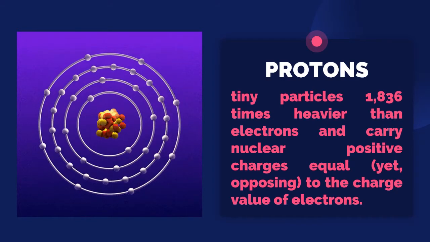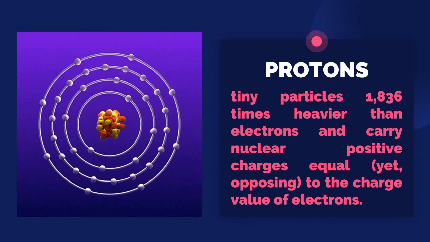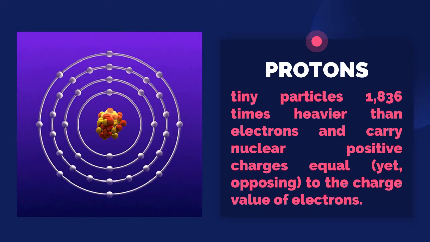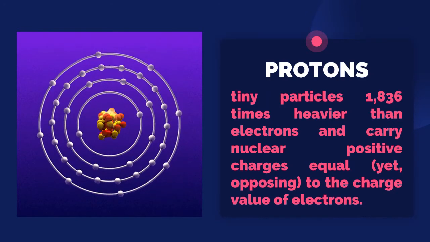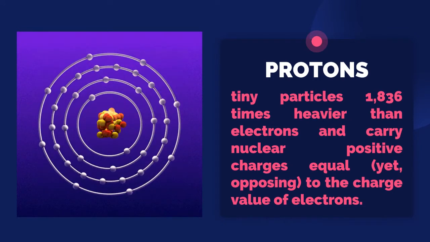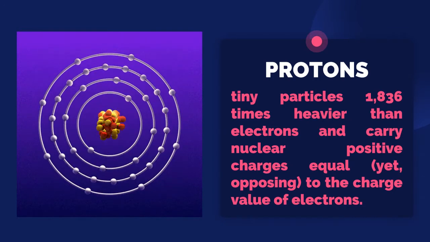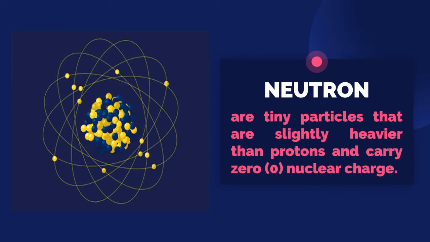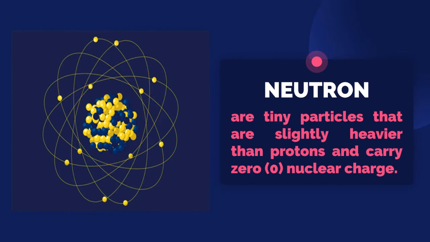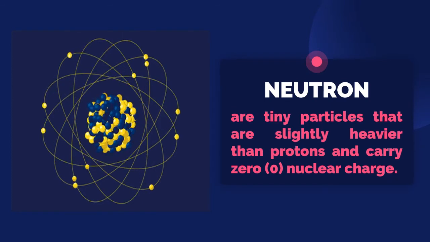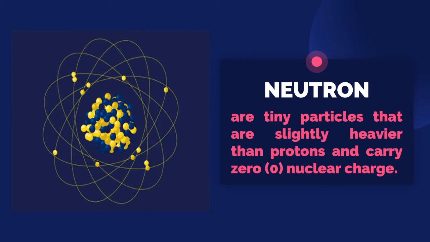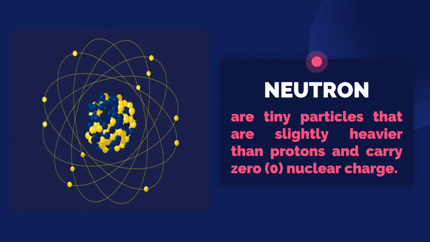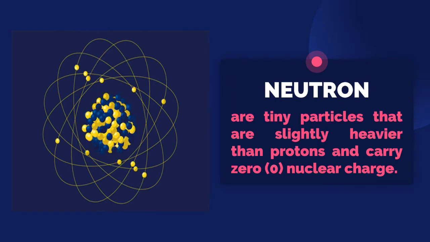These tiny particles are 1,836 times heavier than electrons and carry a positive charge equal in value to the charge of the electrons. And lastly we have what we call neutrons. Neutrons are tiny particles that are slightly heavier than protons and carry zero charge, or in other terms, they are neutral or they have no charge.